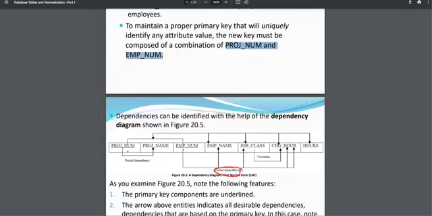Partially, this word is very important. You have to understand these terms and concepts in a very clear way. All normalization procedures depend on these things, right? So partially depends.